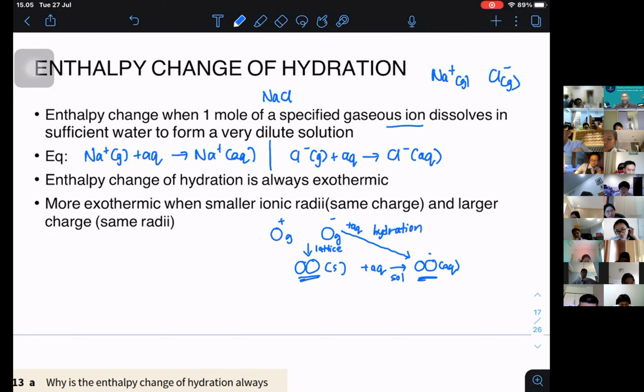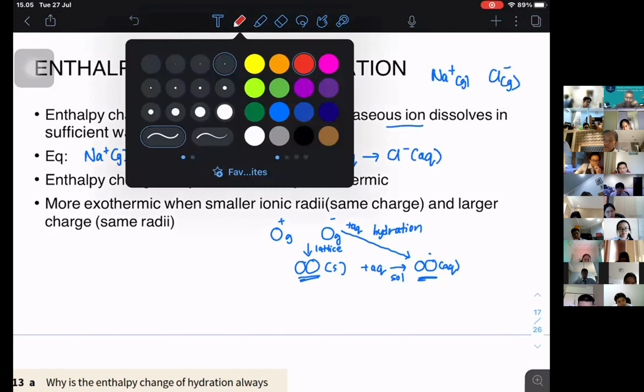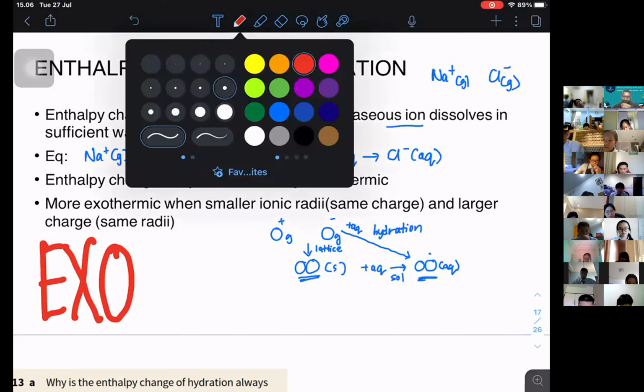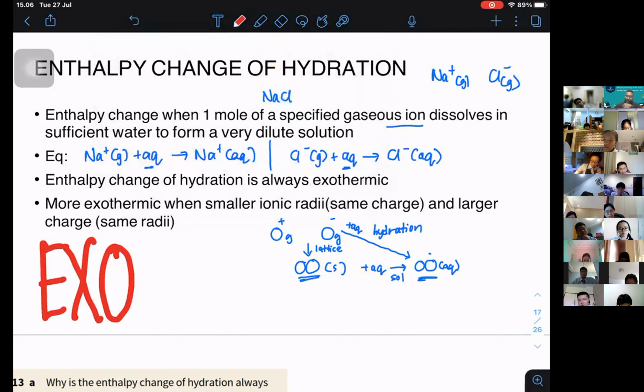This is what you need to remember about hydration: it is always forming bonds with water. Therefore, it is always going to be exothermic. Solution can be positive or negative, but hydration must always be exothermic.